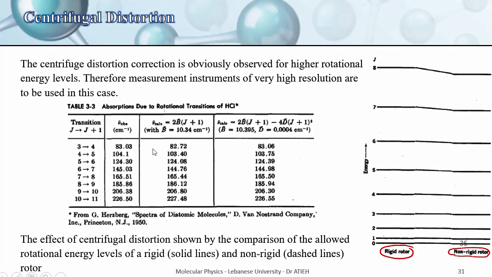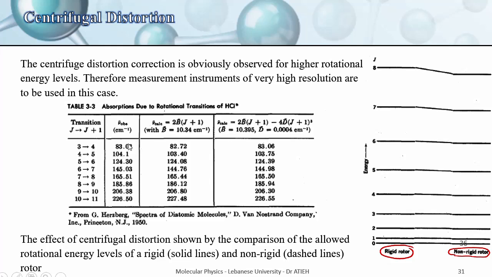So this table here gives the observed wave number for a transition from the level J to J plus 1. Here we use the rigid rotor formula, and here the non-rigid rotor formula with the correction. You can see the observed or experimental value for a transition from 3 to 4 is 83.03. Using the rigid rotor, it is 82.72, and using the non-rigid rotor, it's 83.06.